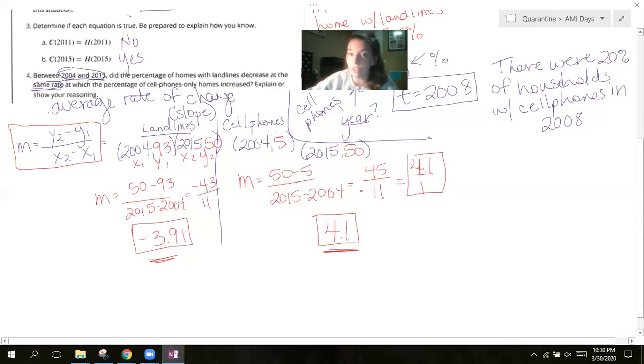You could also say, yes, one was decreasing at the same rate the other was increasing, because they're both very close to 4. You could say that landlines decrease at about 4% per year, and cell phones increase at about 4% per year. So really it just goes to how you want to justify it. It's either one of those, just as long as you explain it really well, I will accept that answer.